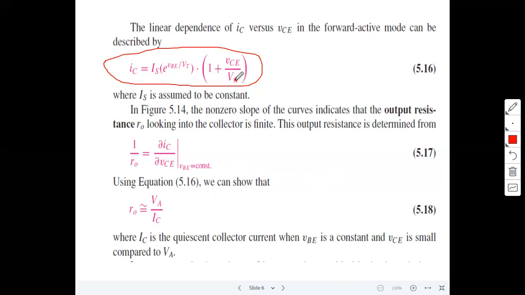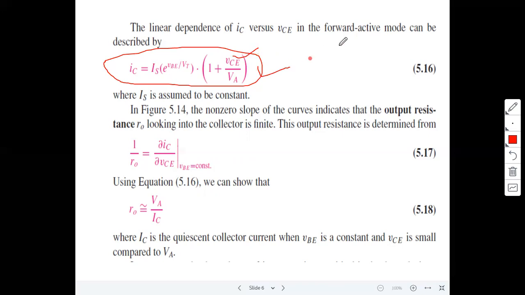So the linear dependency of IC versus VCE for forward active mode is described by this collector current expression in active mode with consideration of early effect. So collector current is not constant, it changes with respect to VCE.